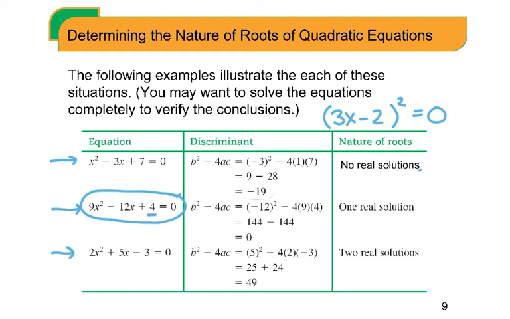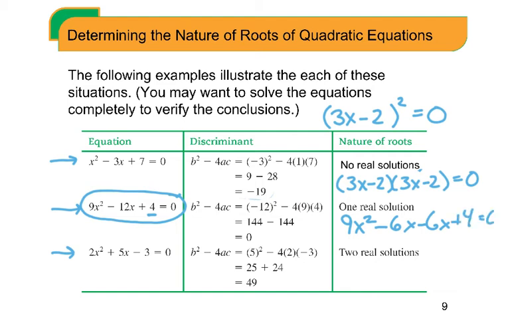Let's see if that's right. If you square that out, what do we get? I would get 9x squared minus 6x minus 6x plus 4 equals 0. Yes. So what is my solution? X equals 2/3.